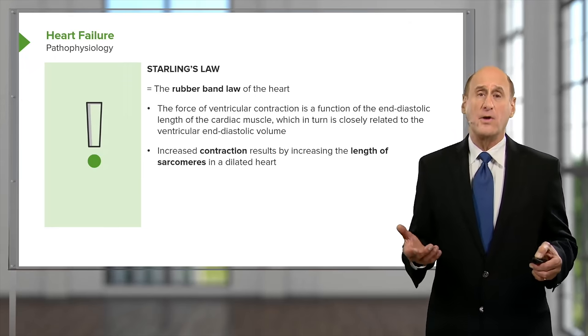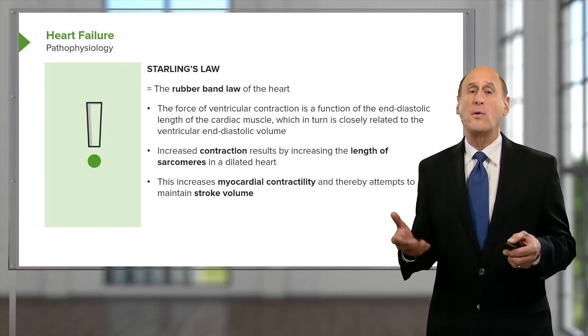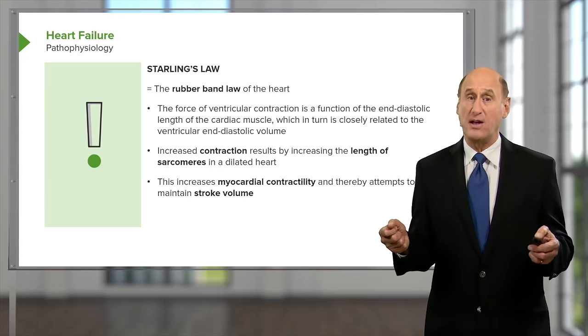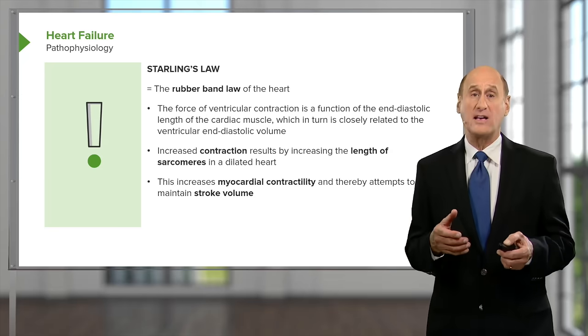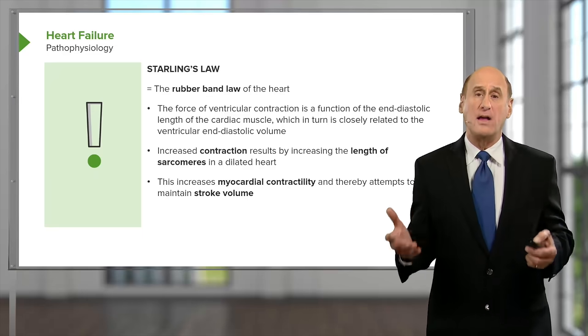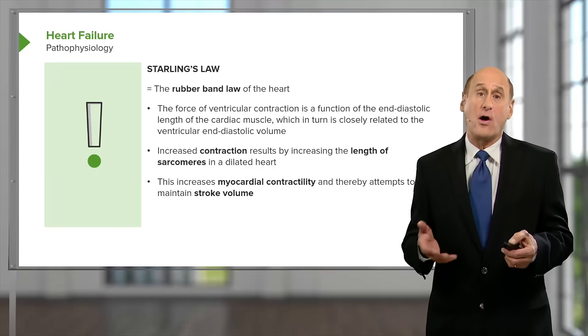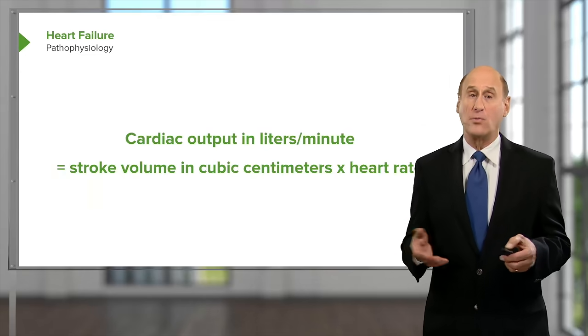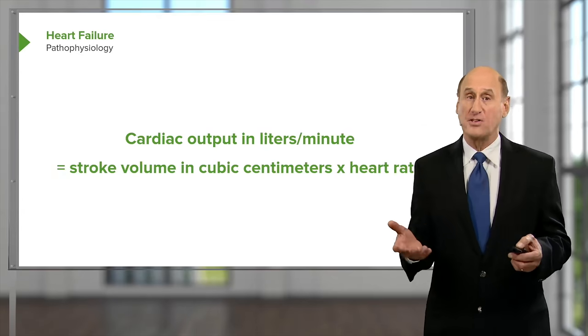But the rubber band law of the heart says that the force of contraction is related to how much you stretch the heart muscle cells, and this increases contractility. So you see why the body is trying to increase the pumping ability of the heart, and this works fine if it's a hemorrhage or dehydration, but it doesn't work well when the patient has heart failure.